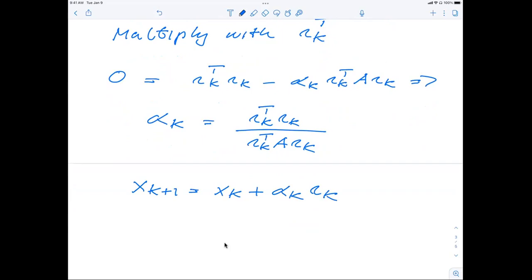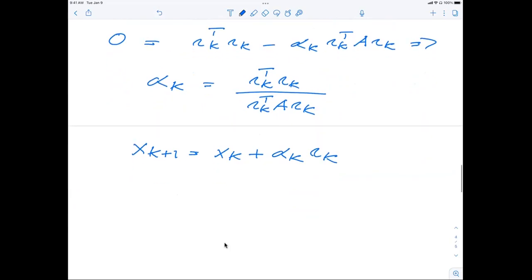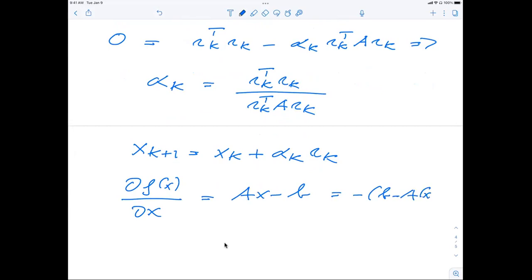What we can do now is make the comparison between what we had before and the expression which we started with, d of f of x, d of x, which is actually equal to A x minus b, which is obviously the same as minus b minus A of x, A multiplied with x, which is the same as r of k.